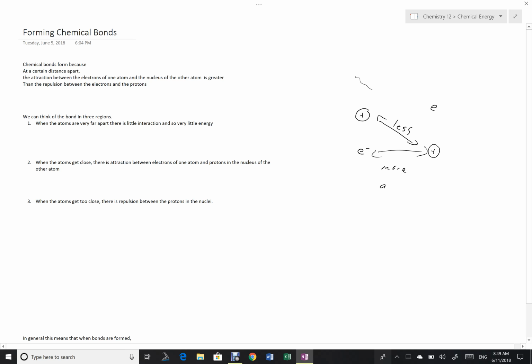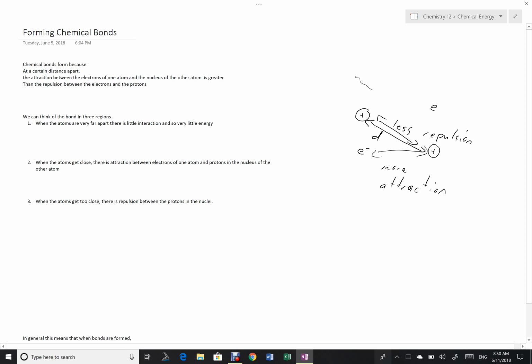So there can be more attraction between these unlike particles than there is repulsion. So we can get into an energetically favorable, stable, attractive situation as long as the distance between the two atoms, the distance between their centers, d, is right.